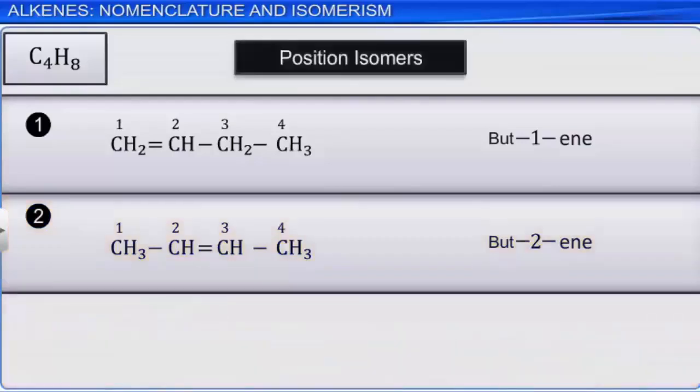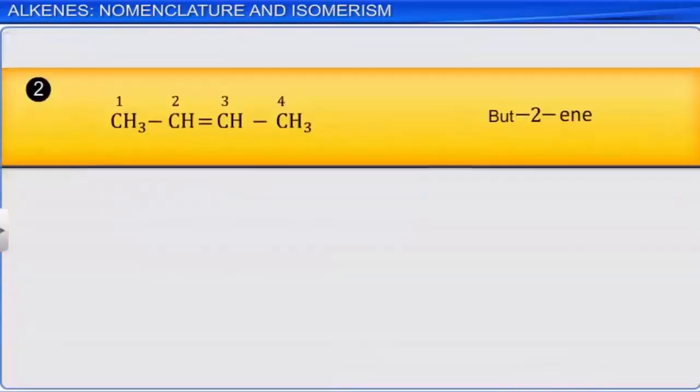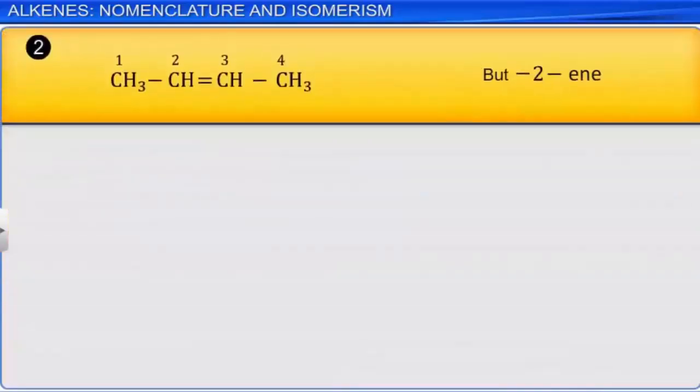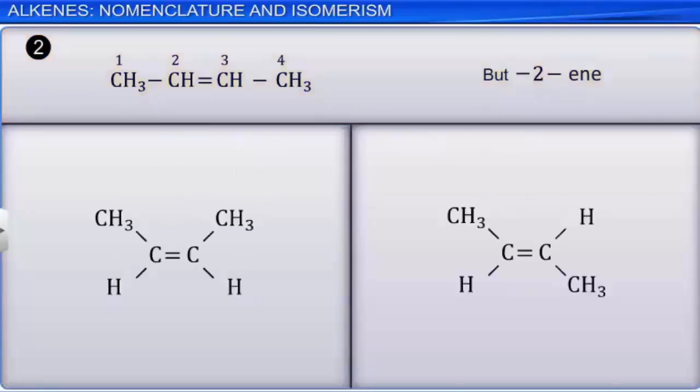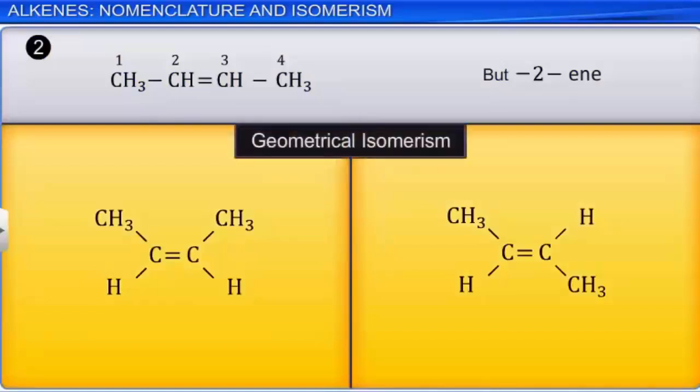When in two structures the position of the double bond alone is different, they are said to be position isomers. Structures 1 and 2 are position isomers. A compound like but-2-ene shows two distinct configurations or spatial arrangements, and hence its molecules are said to show geometrical isomerism, a type of stereoisomerism.